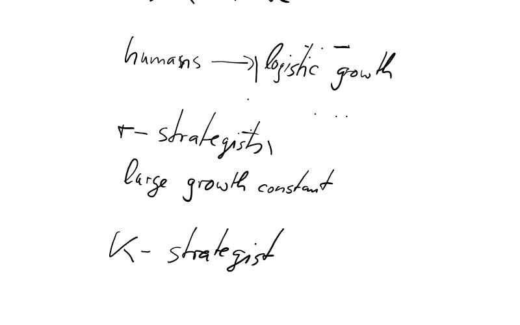Where are humans? Are humans R strategists? They could be a bit of both. You're absolutely right. Humans are actually somewhere in the middle. At the moment, in Western Europe, the majority of the population follows a K strategy.